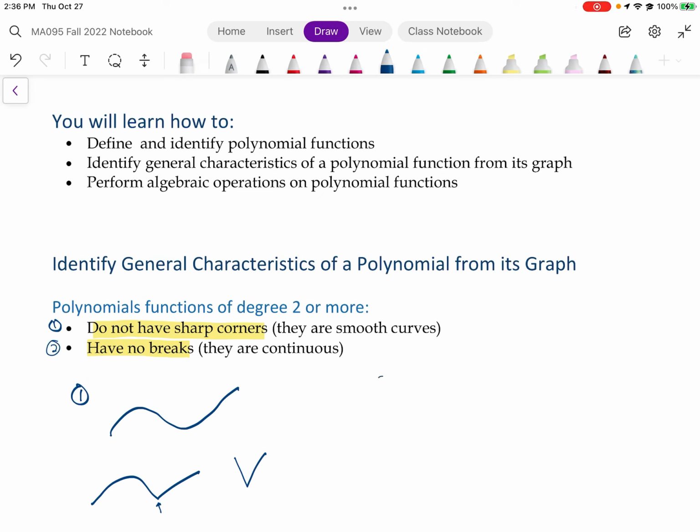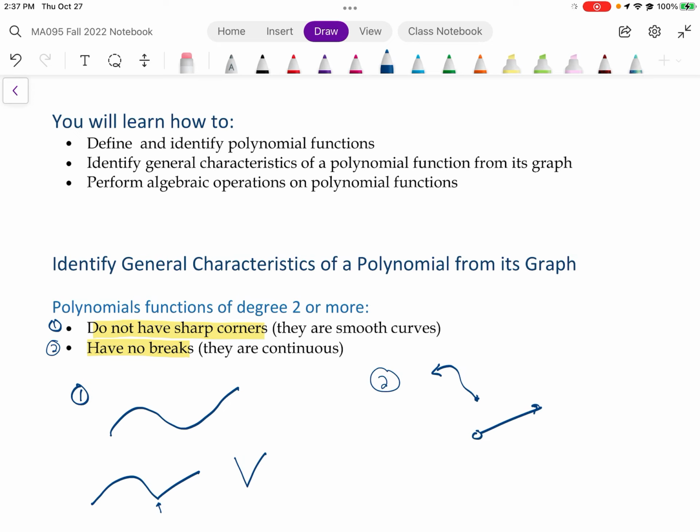So the second reason is that it has to be continuous. Okay, so if it's smooth and continuous, it is a polynomial if it has a degree of 2 or more. So having no breaks means, like we were looking at functions that were piecewise functions and it kind of went like that, right? So that is a break, right?